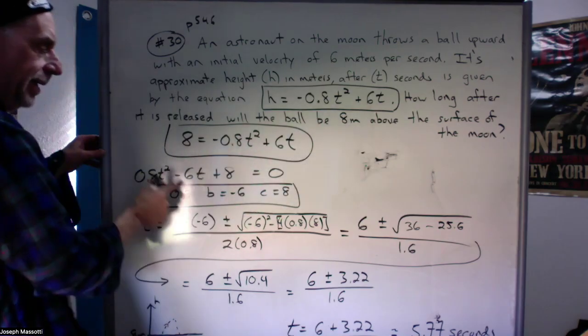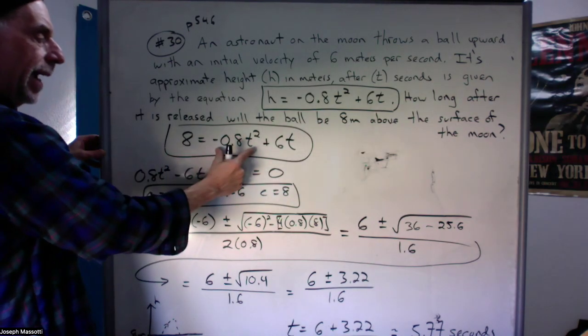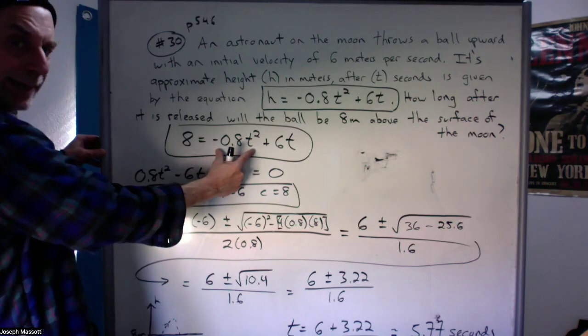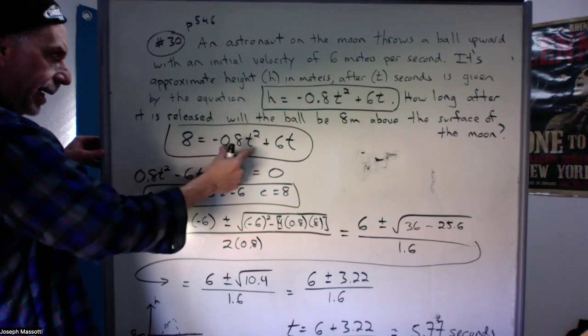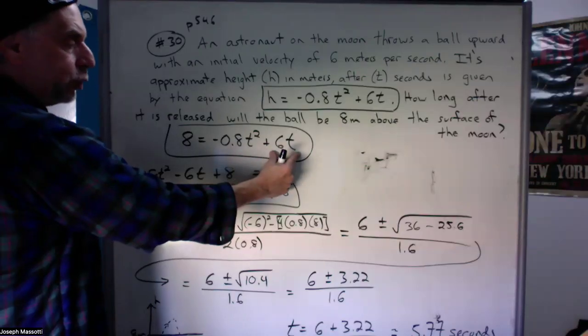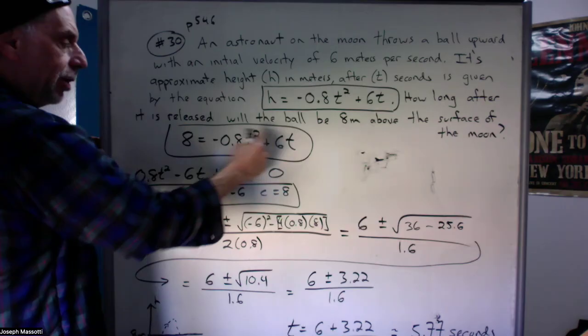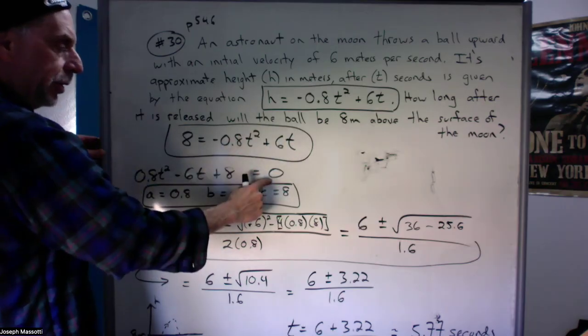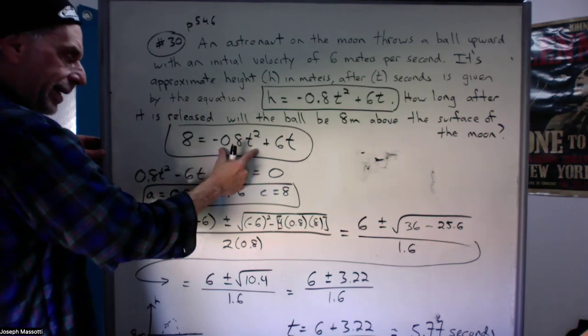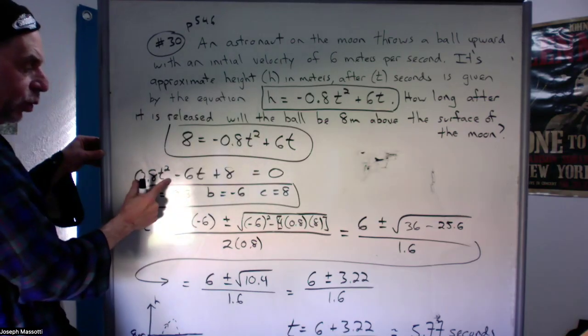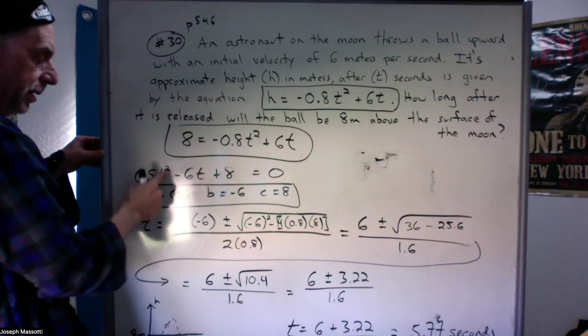But I'm going to bring everything to this side. So I'm going to add 0.8 t squared to both sides. And I'm going to subtract 6t from both sides. And then I'm going to have 0 on the right-hand side. There's my 0. I added 0.8 t squared to both sides.